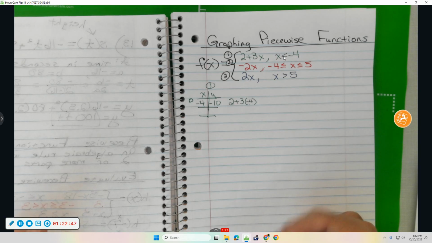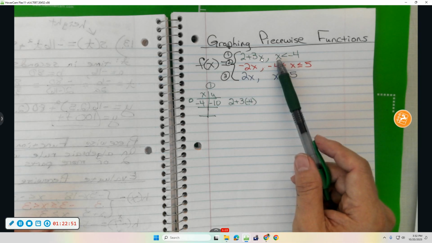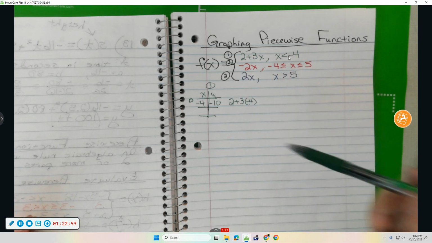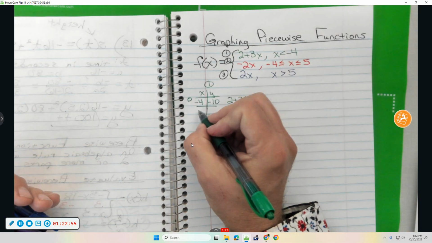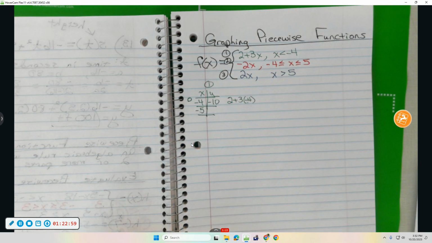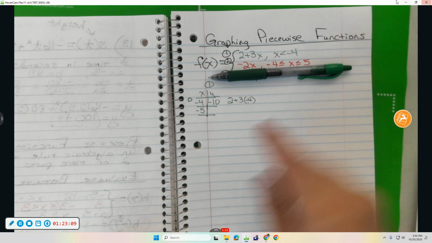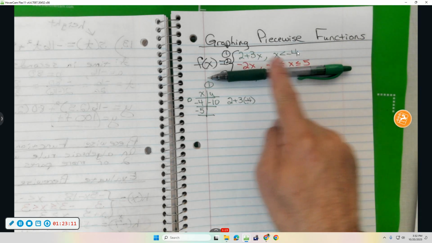Maybe I could use a -5. I could use -10, -6. I'm going to use -5. Don't move too far away, because you might get y values that are too big or too small. Is -5 a cut point? Is this number we just chose a cut point?